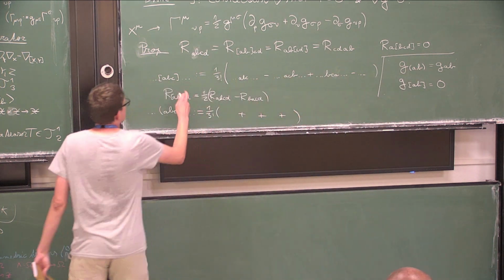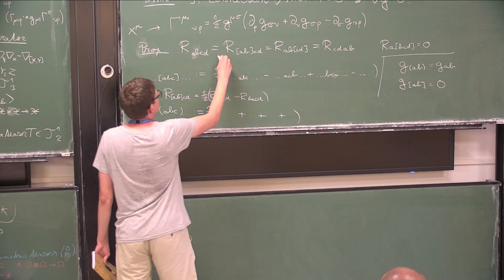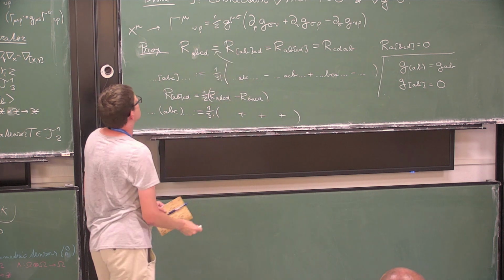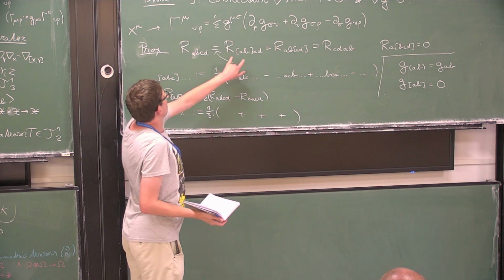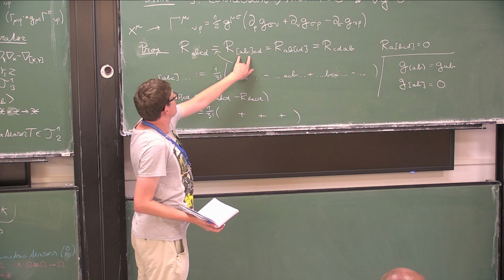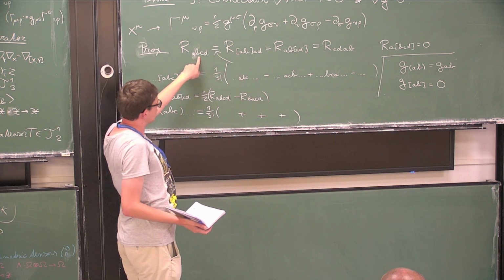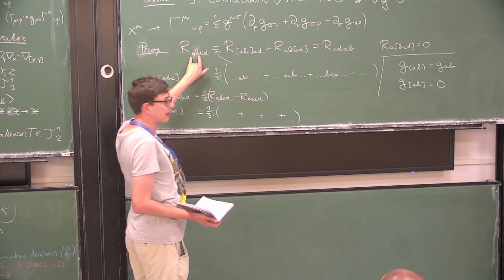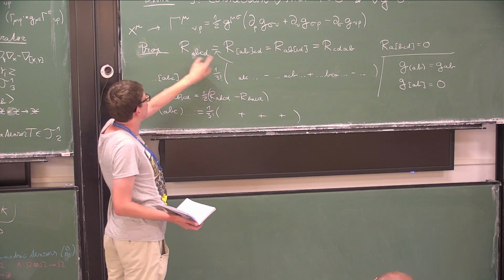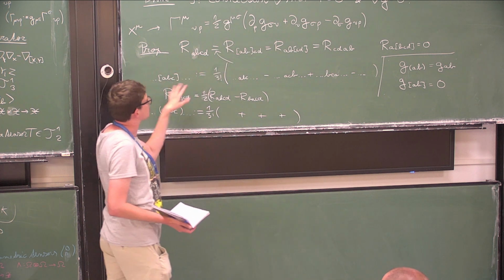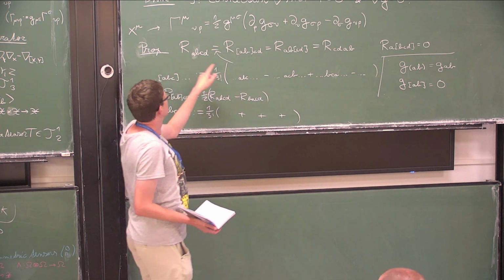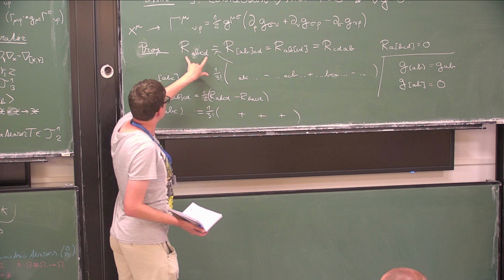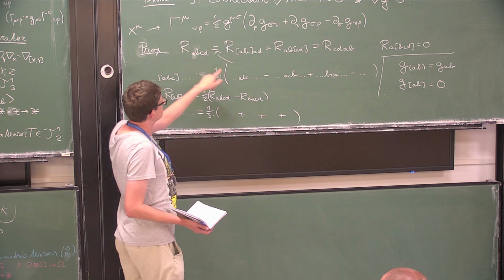So how should you read the first equality here? It says that if I antisymmetrize on the first two indices, it's the same as if I didn't do anything, which says that the expression is antisymmetric in AB. So the first equality says that the Riemann tensor is antisymmetric on the first two indices.